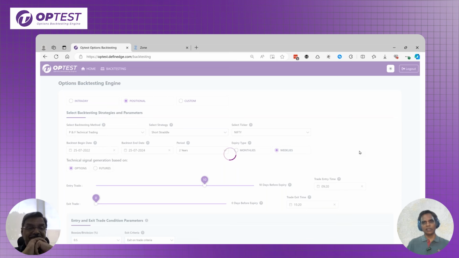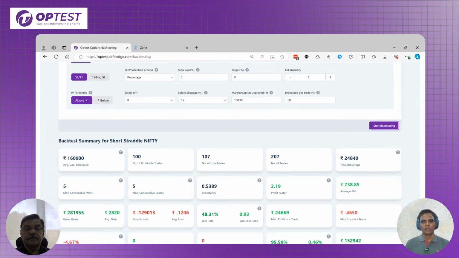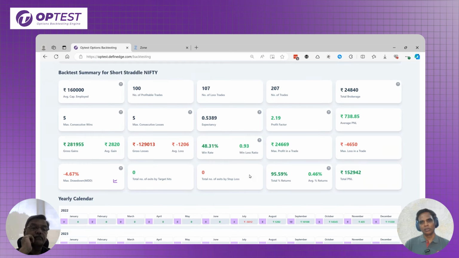As I said earlier, P&F and Renko charts take time. So these are the returns. Looks good. This is over 2 years. Expectancy is good, profit factor is good, and returns are good.